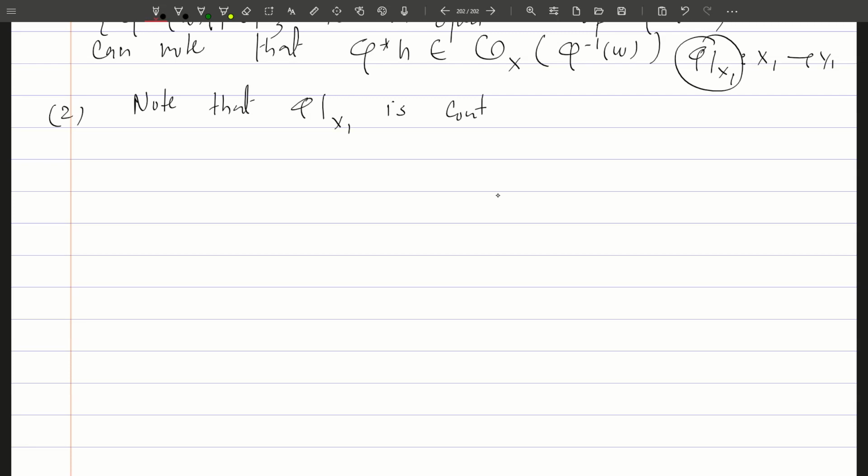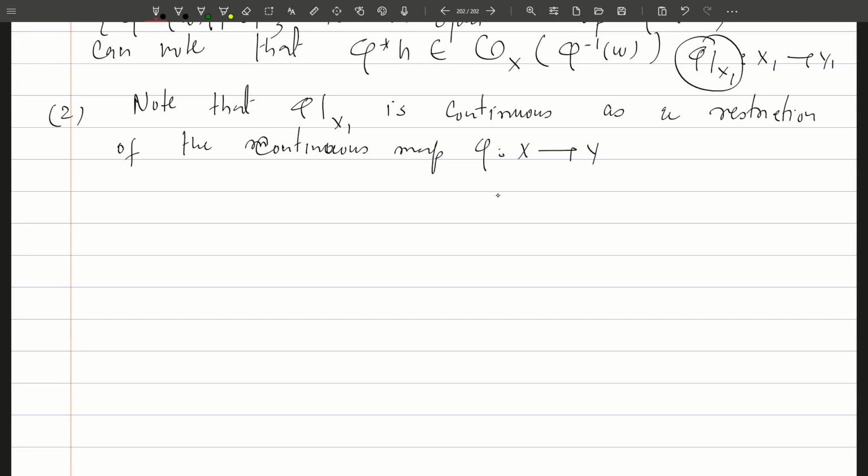Phi is given to be a morphism, so its restriction to x1 is continuous as well, as a restriction of the continuous map phi from x to y.